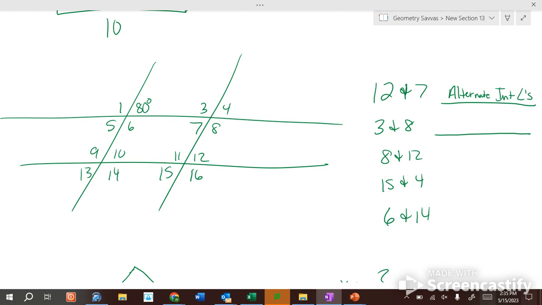There's nothing with the word opposite in any of these. They are vertical angles. Vertical angles are on the opposite side of two intersecting lines. They're called vertical angles.